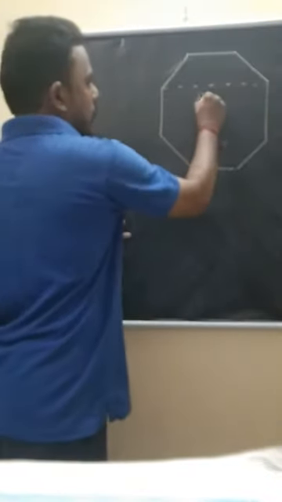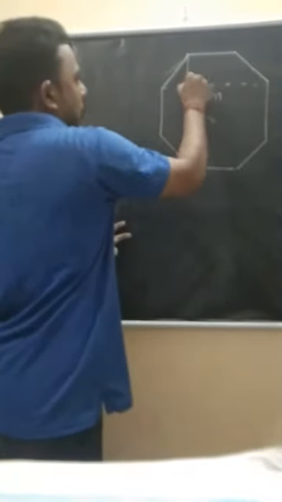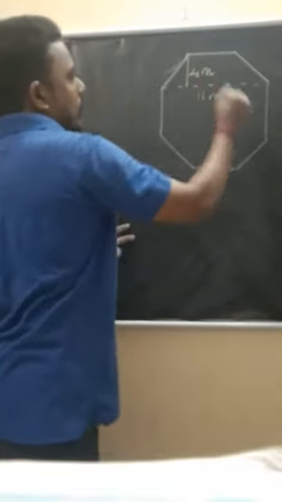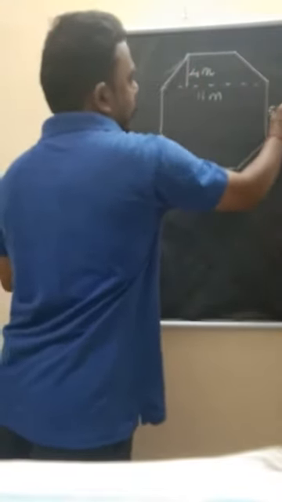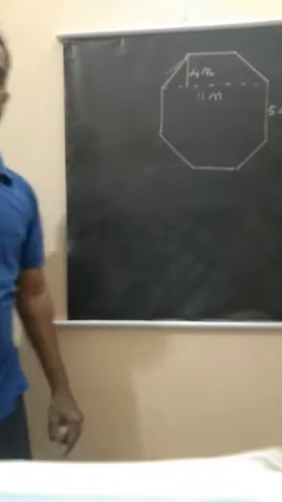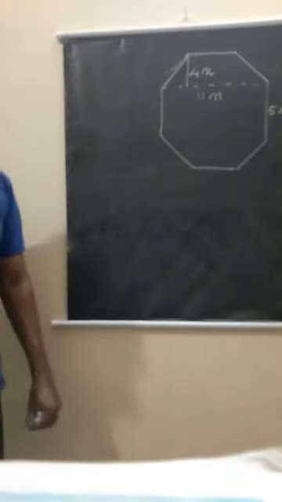The lengths are given as 11 meter, this length 4 meter and this length 5 meter. Now we are going to find the area of this whole shape.